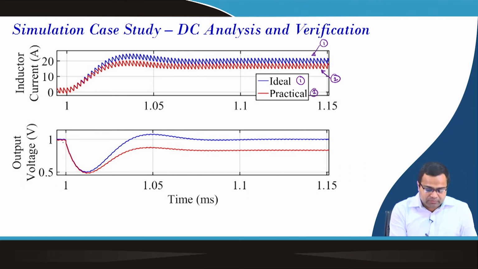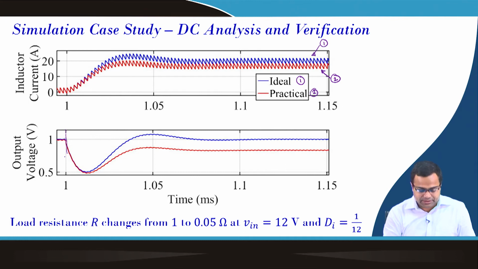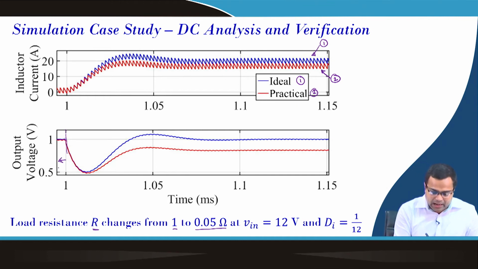Here I made a load change. So, I am showing you all the details. Load resistance changes from 1 ohm to 0.05 ohm. So, this side our R was 1 ohm, and from this side onward R becomes 0.05 ohm.